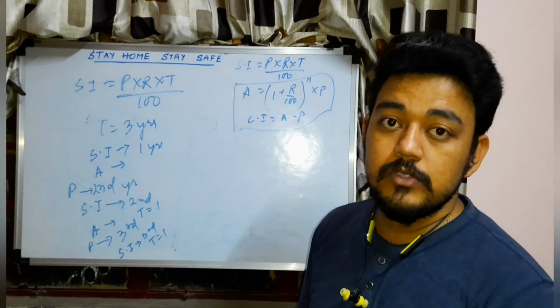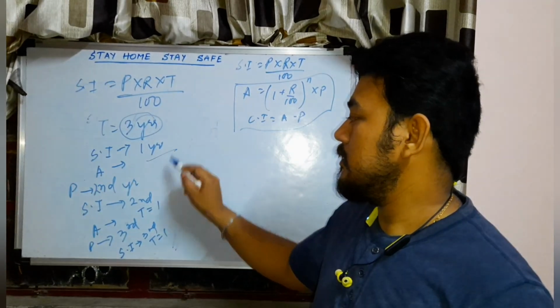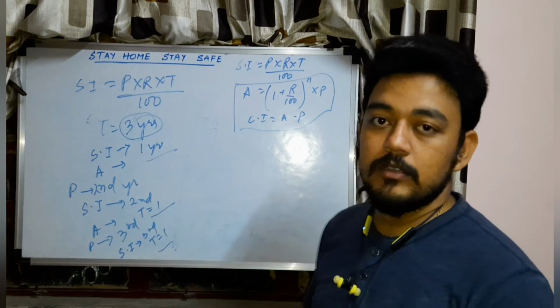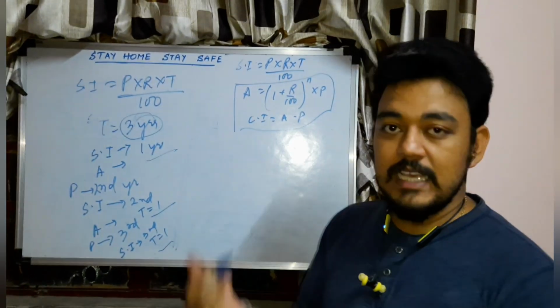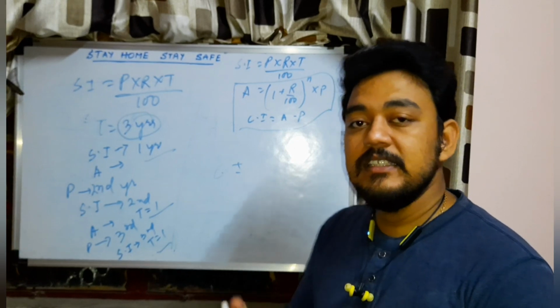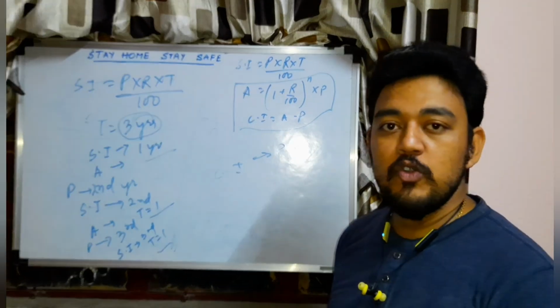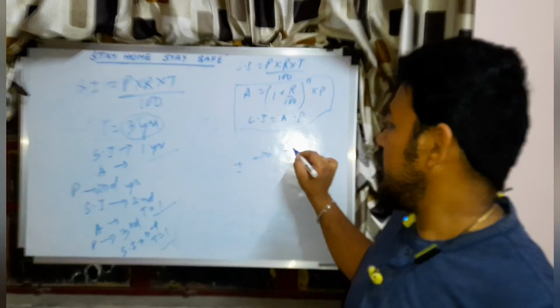So what I am doing, you see, is dividing the 3 years as the first year, then again 1 and again 1, because in the CI system interest is given on interest. That means suppose you have deposited amount P. Now in the first year you are getting one interest.